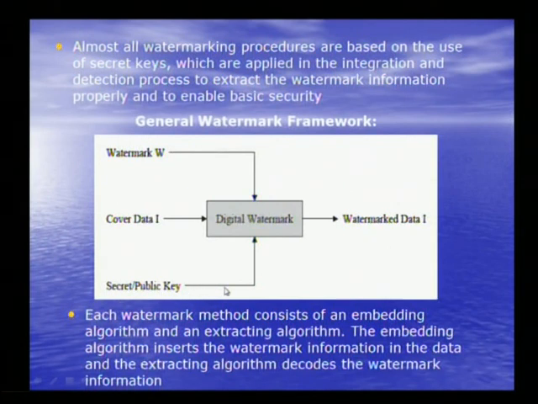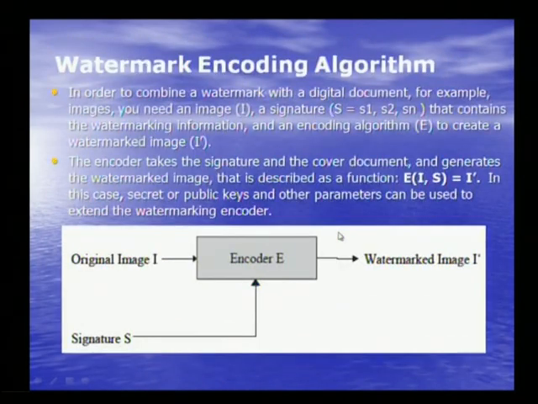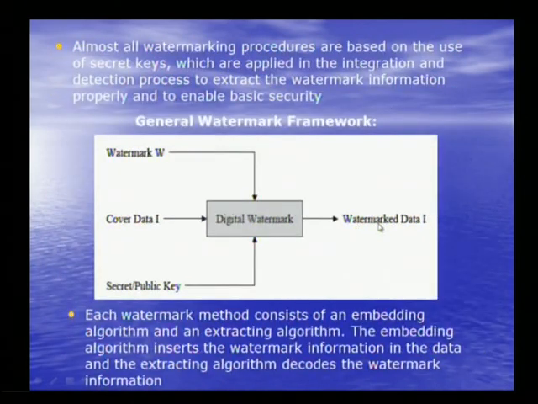After combination of these three, the digital watermark embedding process is done and you get the watermarked data, which stands for I dash. Cover image is represented as I and watermark data is I dash.